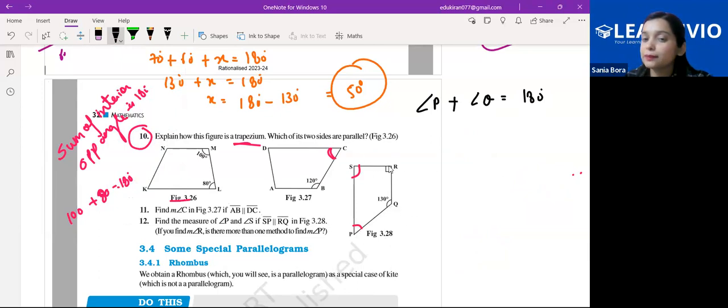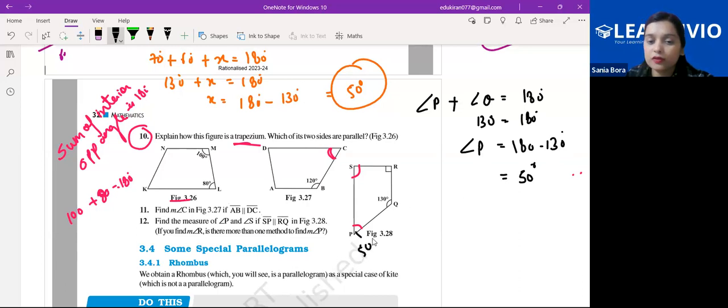From Q, 130 degrees is already given, right? So angle P is 180 degrees minus 130, which is 50. So angle P is 50 degrees.